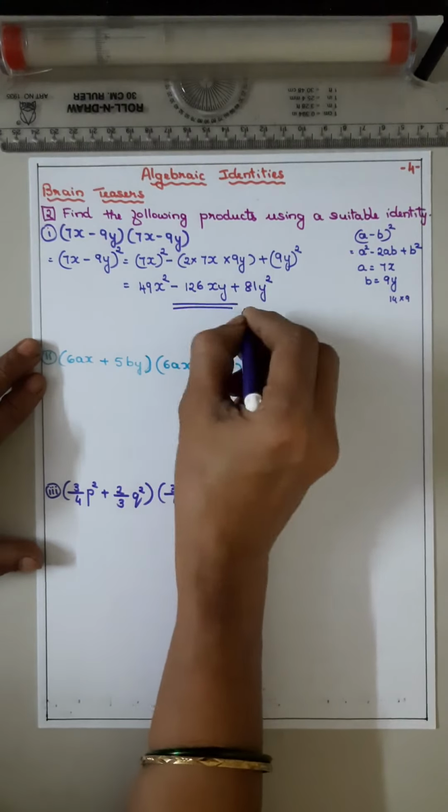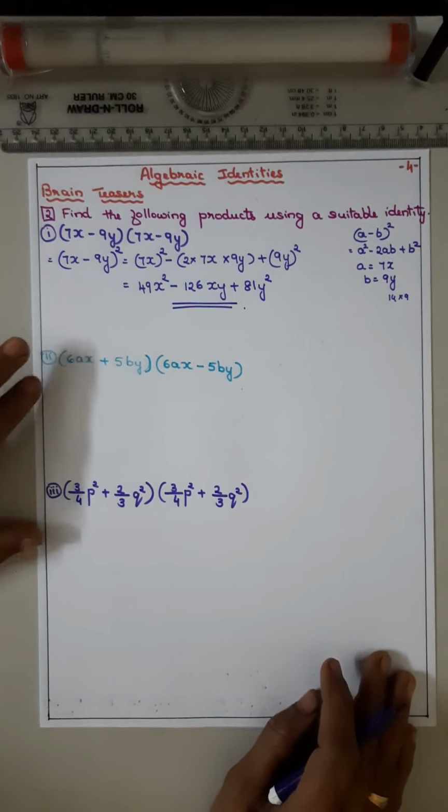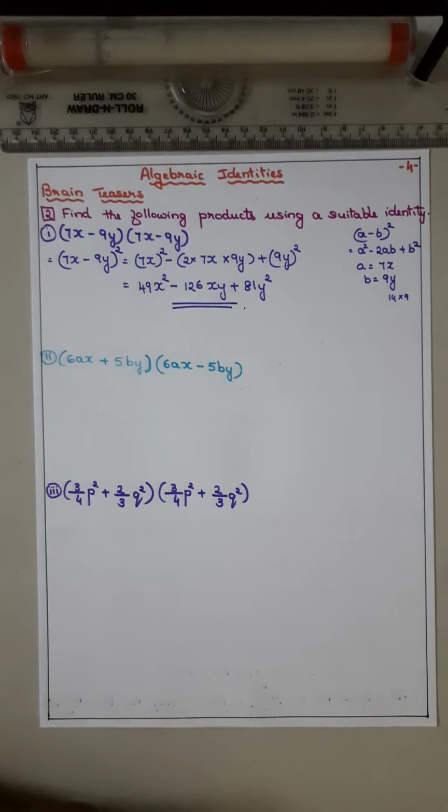Over. Understood everyone? A minus b the whole square.